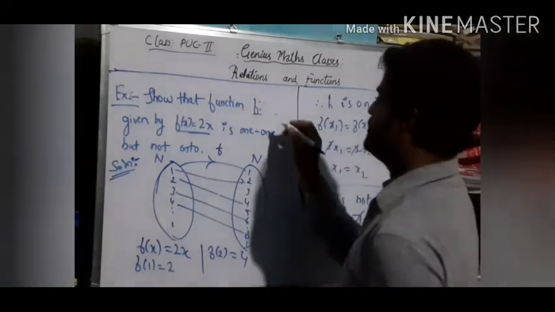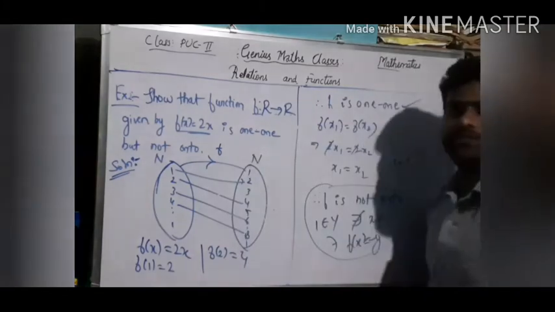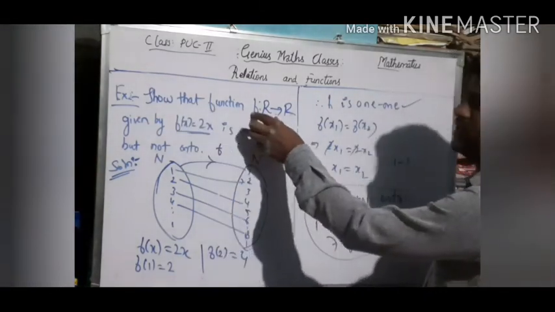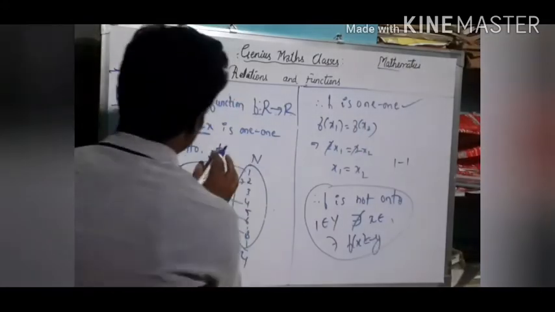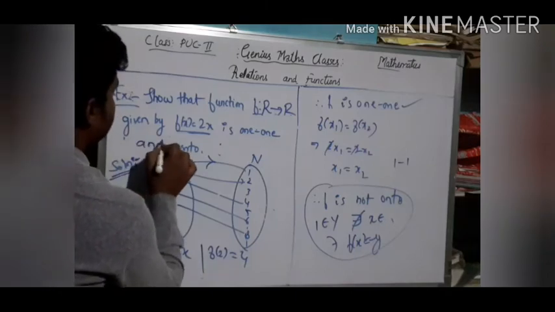If I change this from N to N into R to R, where R is the set of real numbers, it is both one-one and onto.